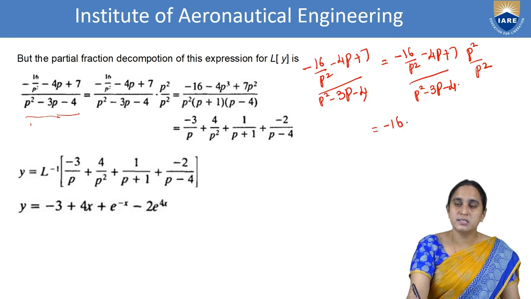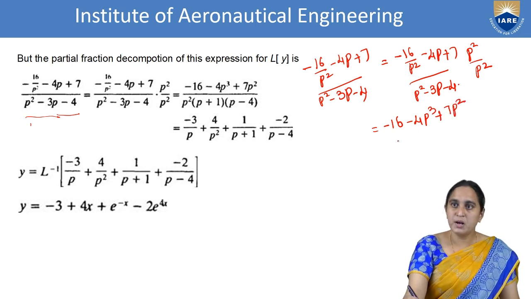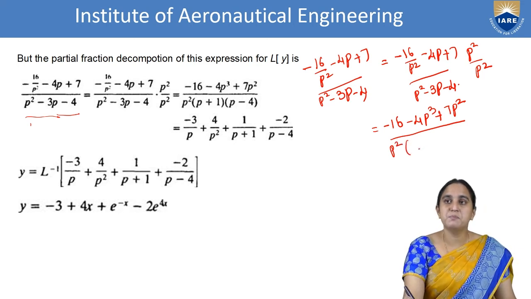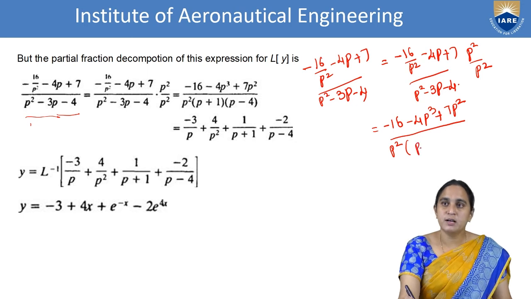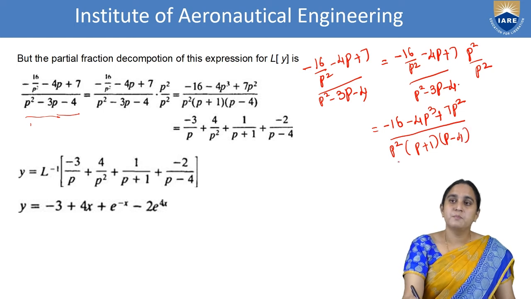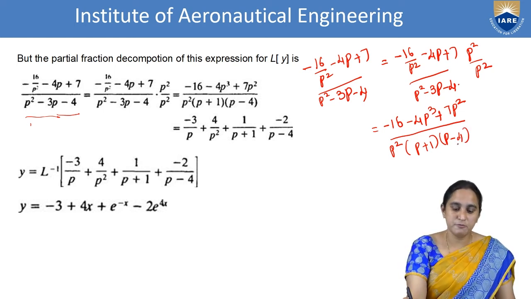That is minus 16 minus 4p cube plus 7p square by p square into, what are the factors for p square minus 3p minus 4? That is p plus 1 into p minus 4. So p square into p plus 1 into p minus 4.